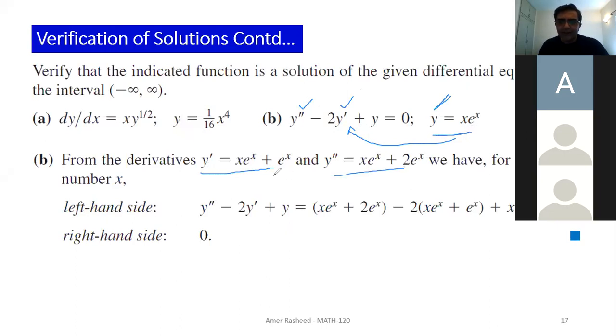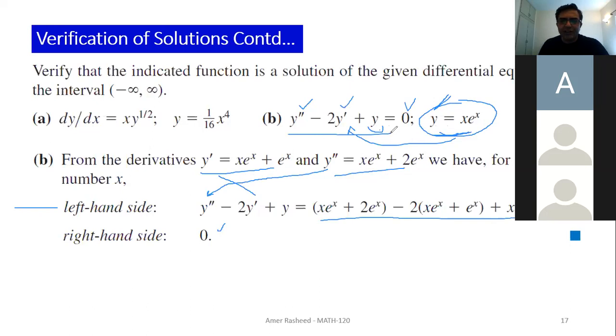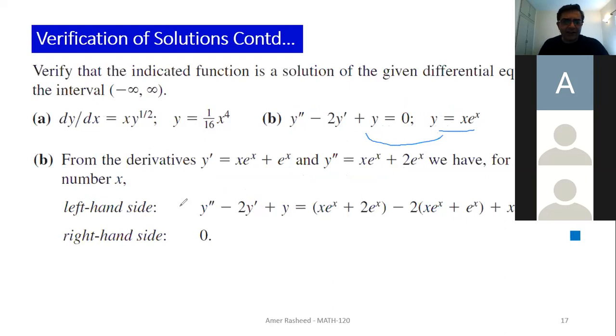The second derivative gives this. Now put the value of the first derivative and the value of the second derivative on the left hand side, and put the value of y as well. After simplifying all this you get 0, which is equal to the right hand side. So this function reduces this equation into an identity, meaning left hand side is equal to right hand side. So this is a solution of the differential equation. I hope you got it.